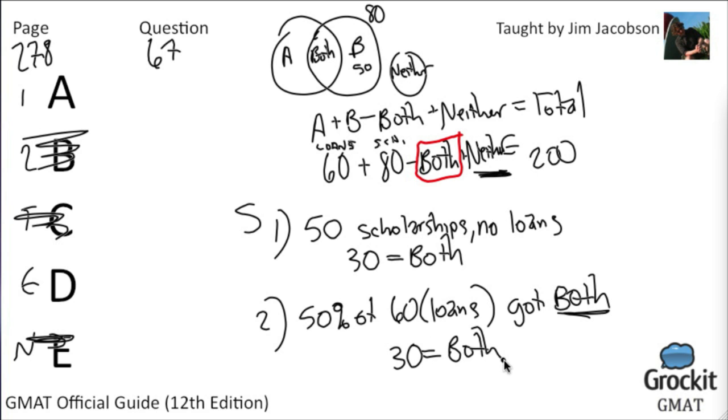So 30 is, again, our both number for our big equation here. With that solved, we only have one variable left, and that's neither, which is what we were solving for. So statement 2 is also sufficient, meaning answer choice D is the correct one.